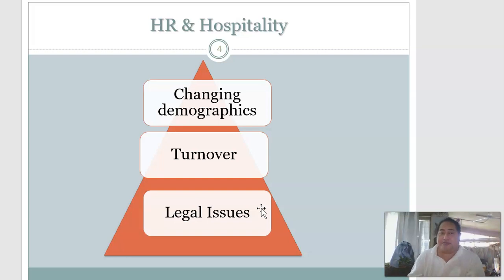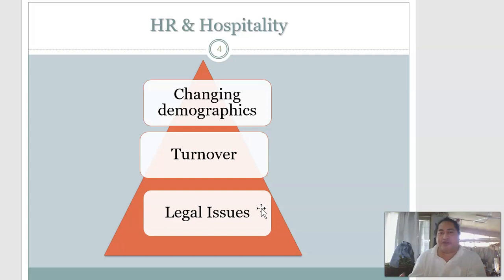And we look at changing demographics. Changing demographic refers to how many women we have in the workforce. You need to understand the labor markets. Do we have more skilled and qualified hospitality employees? What are the minimum qualifications we need as a management trainee or cadet trainee that we recruit in our organization?